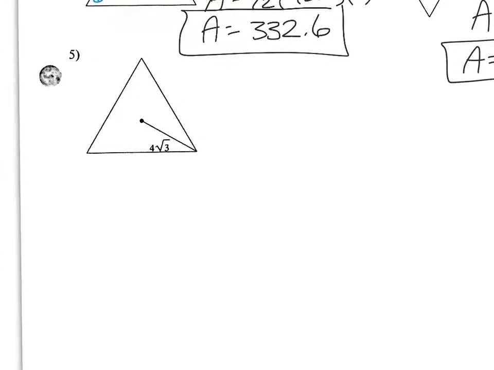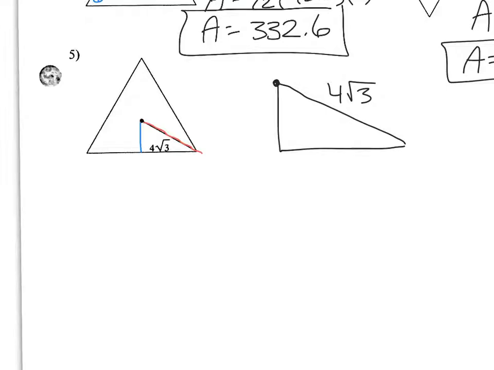Okay, so this time I don't have a side or the apothem, but I still have this triangle. So the 4 square root of 3 here is actually the hypotenuse. So what I'm going to do, I'm going to pull this triangle out over the side here, make it a little bit easier to see. So this is 4 square root of 3. There's our center.